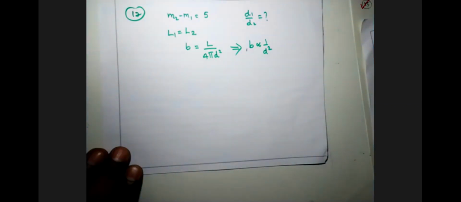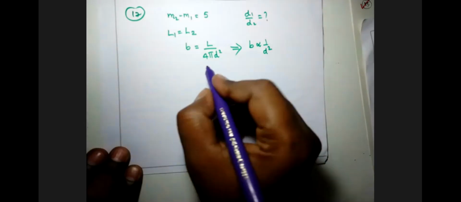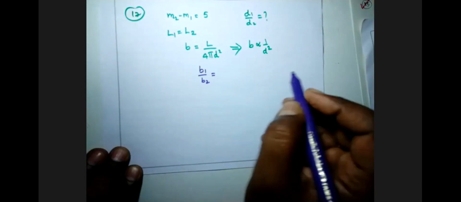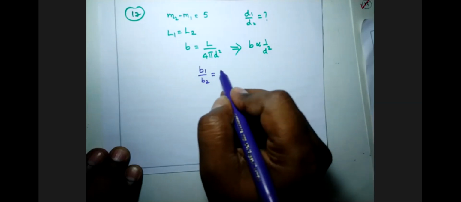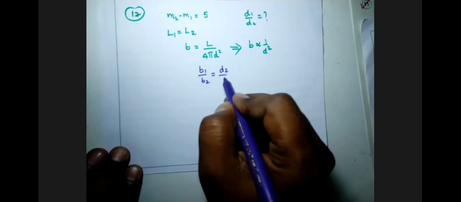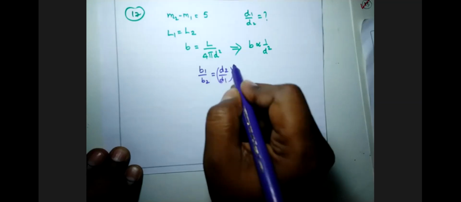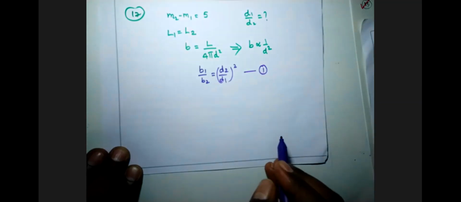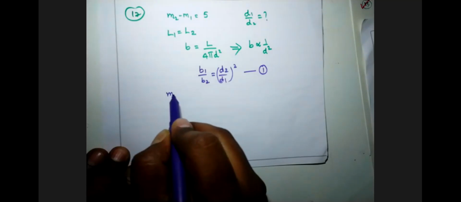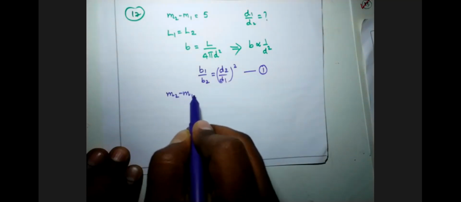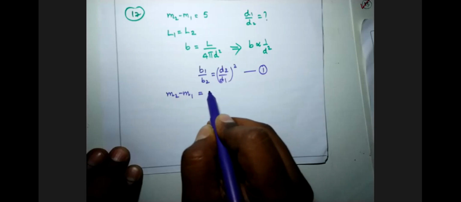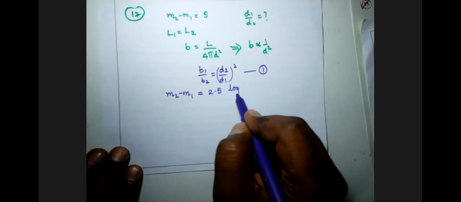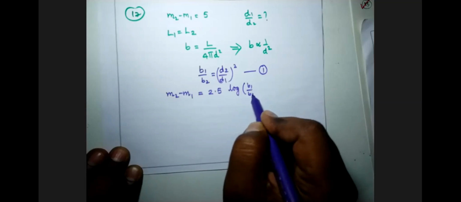So we can write B1 by B2 is equal to D2 by D1 whole square. Call this equation 1. Now we know that the relation between apparent brightness and magnitude is M2 minus M1 is equal to 2.5 log of B1 by B2.